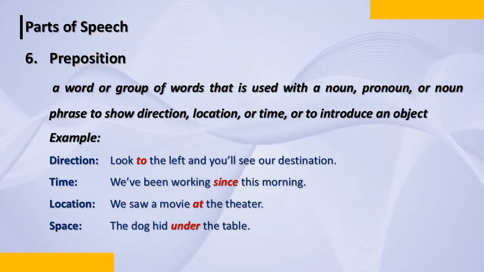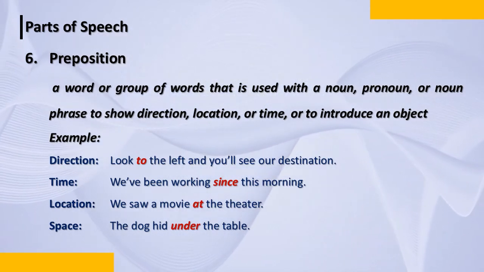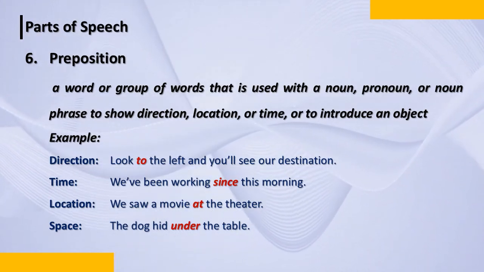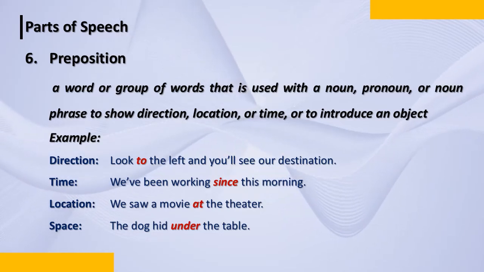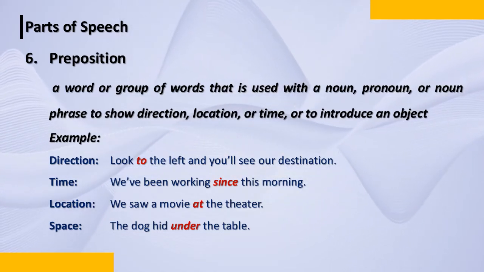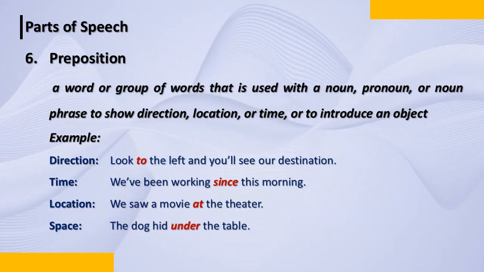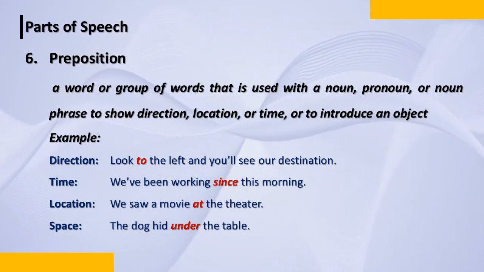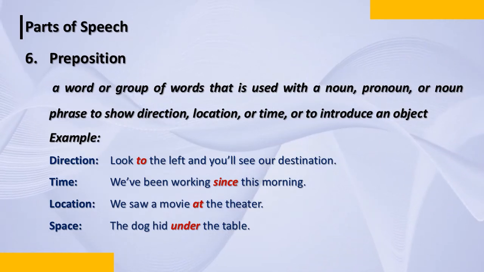On the table. Where is your cup? The cup is on the table. Where is your house? My house is behind the police station. My house is opposite the mall. My house is near the police station, near the railway station.